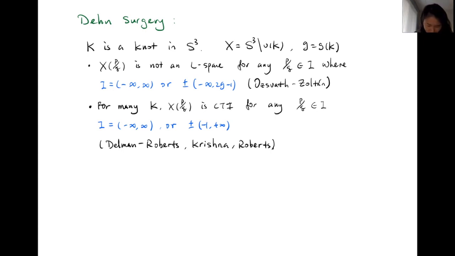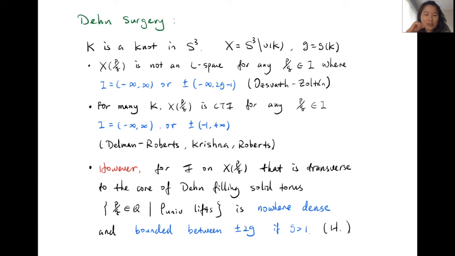And then unfortunately, what happens is, if you have any CTF on a Dehn filling X_{p/q} such that leaves of the foliation actually transverse to the core of the Dehn filling solid torus, and this condition actually is satisfied for all of the co-orientable foliations I mentioned above, then if you look at the set of slopes for which the universal circle action lifts, it turns out that this set, first of all, is nowhere dense.